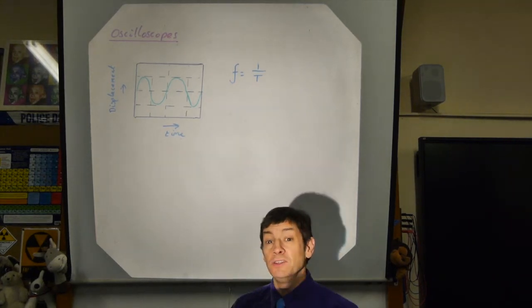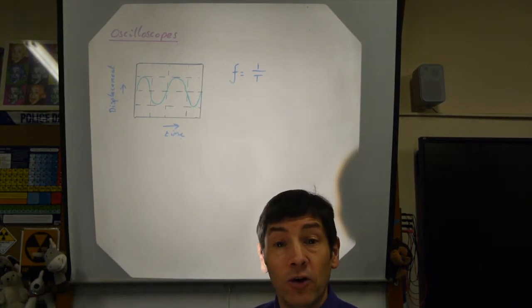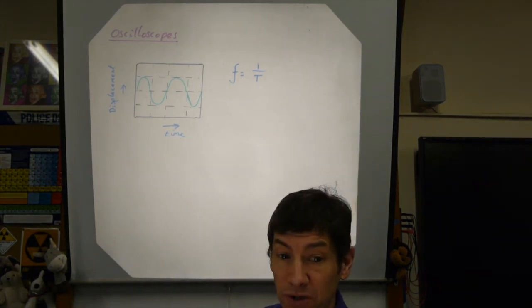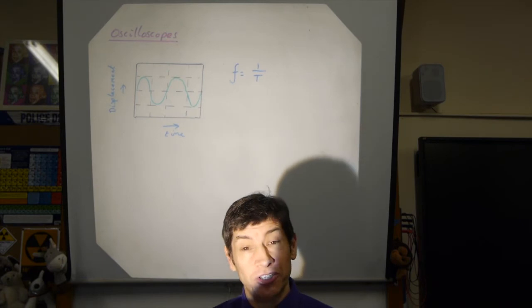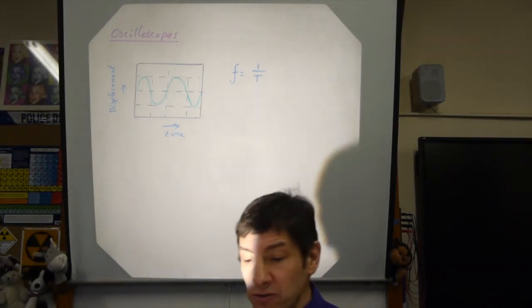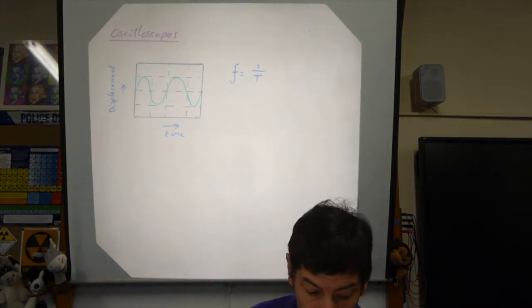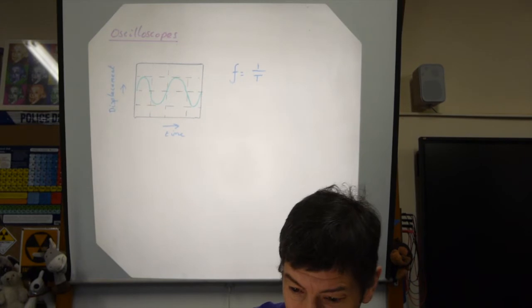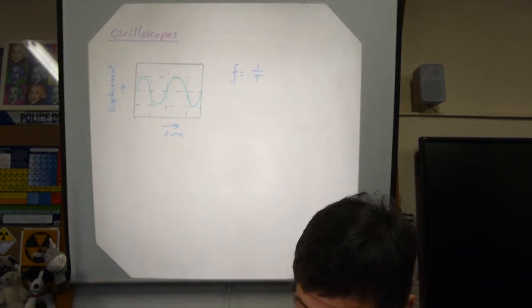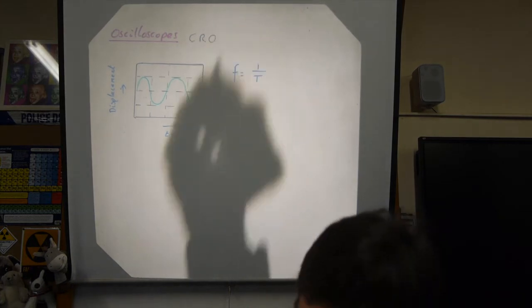So what I'd like you to do now, and I'm going to put a link above to it, is head off to another one of my YouTube videos, one that you should look at carefully and understand well, and it's on how to use this machine, a CRO, and I think they still to this day call them CROs, a cathode ray oscilloscope.